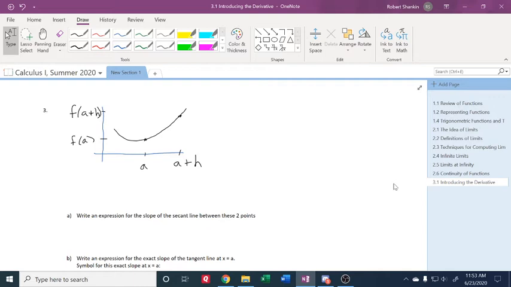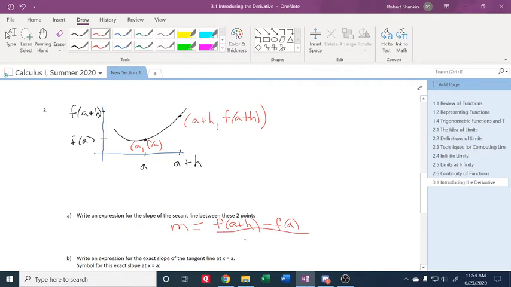All right, does anybody need more time? All right, let's look at it. Expression for the slope of the secant line. So this is a, f of a, plus h, f of a plus h, and the slope of the secant line between these two points is the difference in the y's over the difference in the x's.